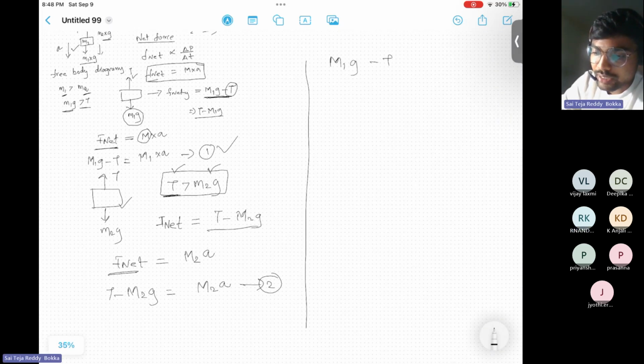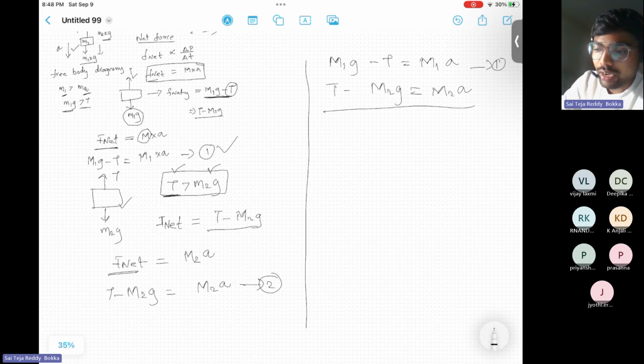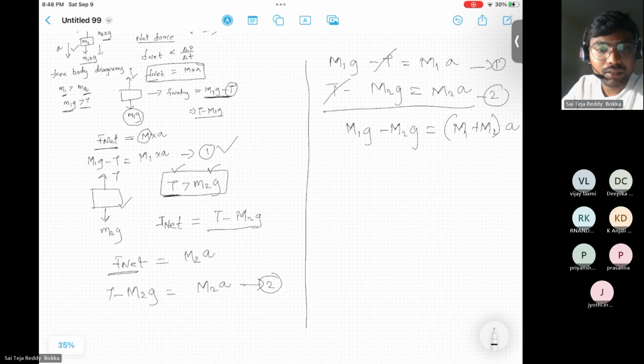M1G minus T is equal to M1A, and here T minus M2G equal to M2A. So by solving these, minus T and plus T will be cancelled now. So M1G minus M2G is equal to what we are having? M1 plus M2 into A.